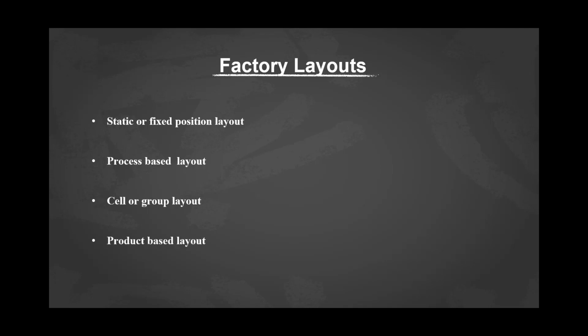In today's lecture we will discuss the 4 major types of factory layouts, like static or fixed position layout, process-based layout, cell or group layout, and product-based layout. So let's discuss each individually.